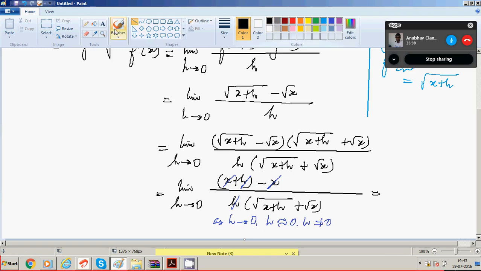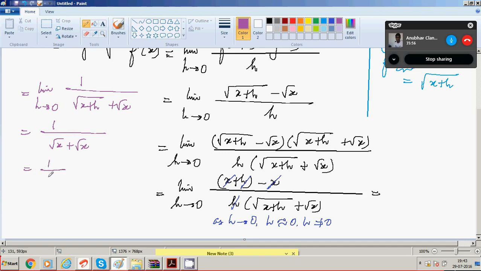It gets cancelled, and we get the limit h tending to 0 of 1 over square root x plus h plus square root x, which equals 1 over square root x plus square root x, substituting h equal to 0. So the derivative is 1 over 2 root x, that is the answer.